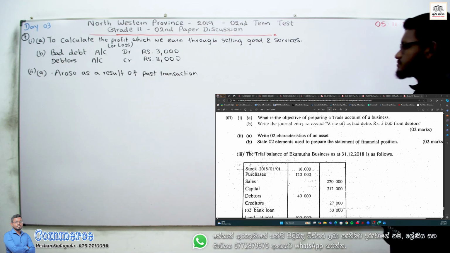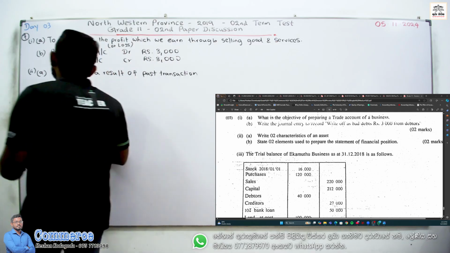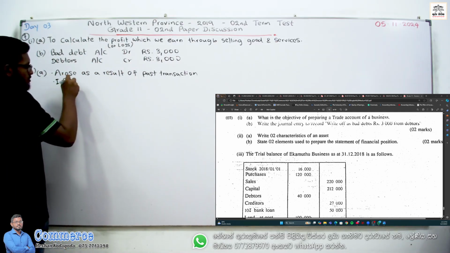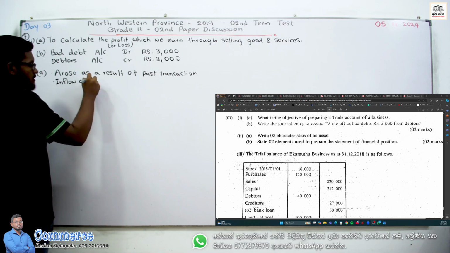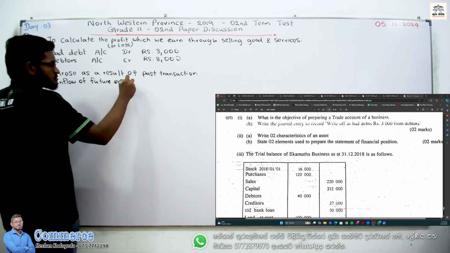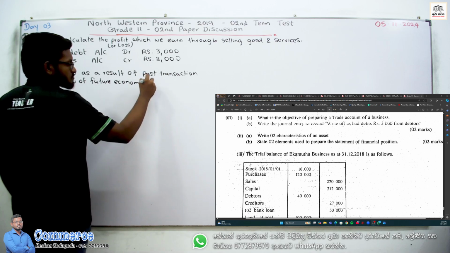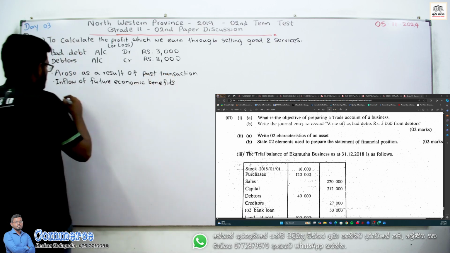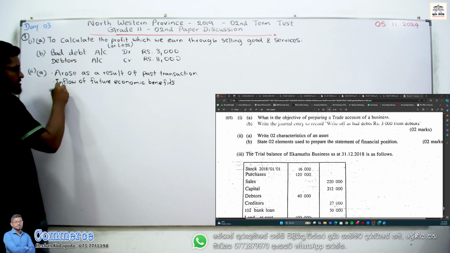Then, inflow of future economic benefits. Controlled by the business.